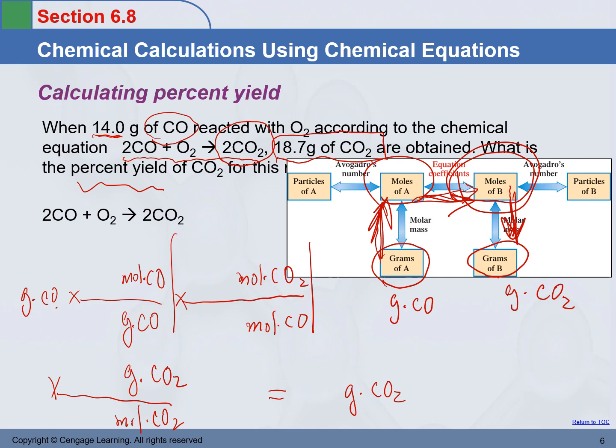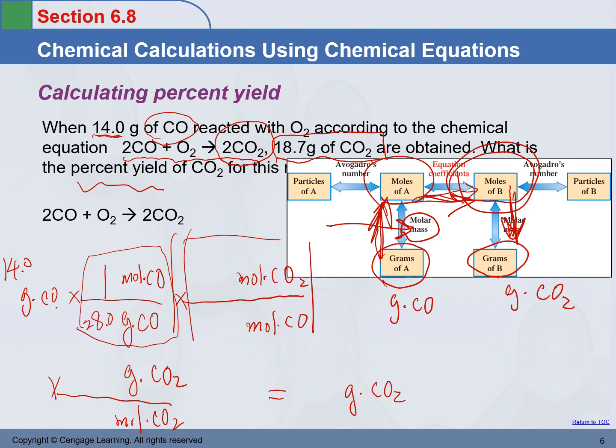Let's put the numbers in. We have 14 grams of carbon monoxide. Now, this is going to be the molar mass of carbon monoxide, 16 plus 12, which is going to be 28.0 grams in 1 mole.